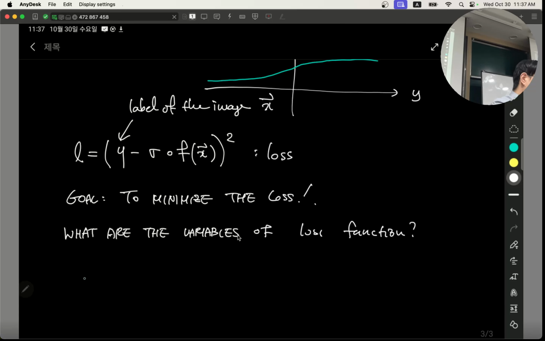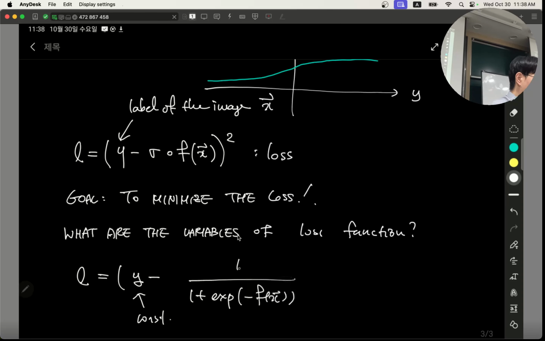Let's write it this way. When I take the loss, I take y, but is y a variable? Can I change y? No. y is given. It's in the data set. So y is not a variable, it's a constant. And let's think about sigmoid: 1 plus exponential of minus f.